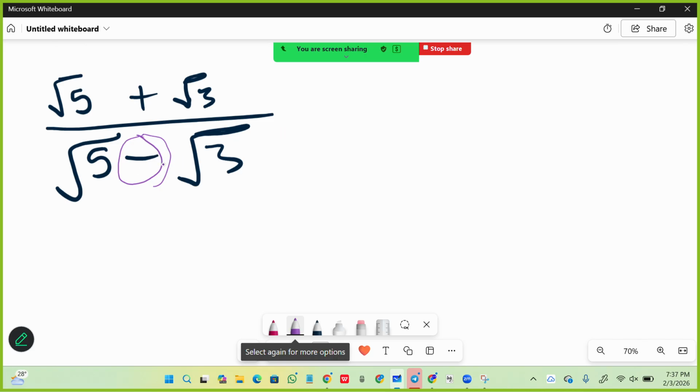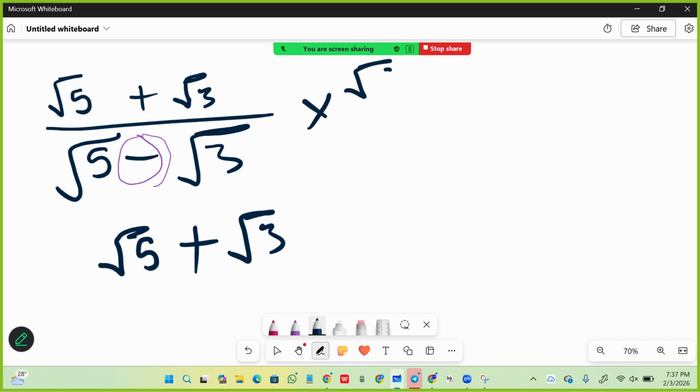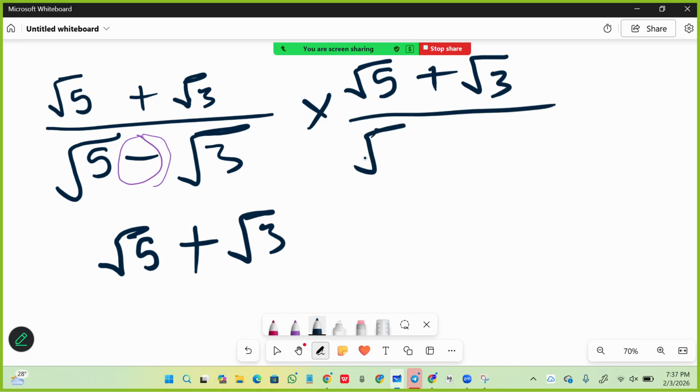If it's positive, you change it to negative. So instead of writing root 5 minus root 3, we'll write root 5 plus root 3. We will leave the original here, but this root 5 plus root 3 is what we are going to use to multiply the numerator, root 5 plus root 3 over root 5 plus root 3.